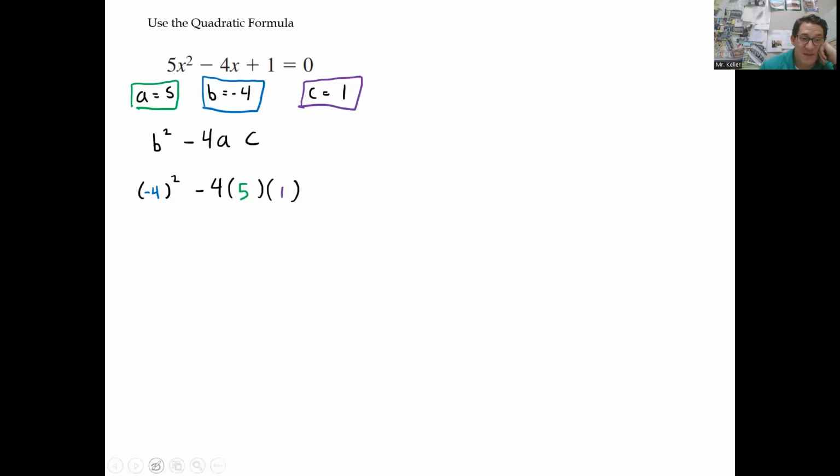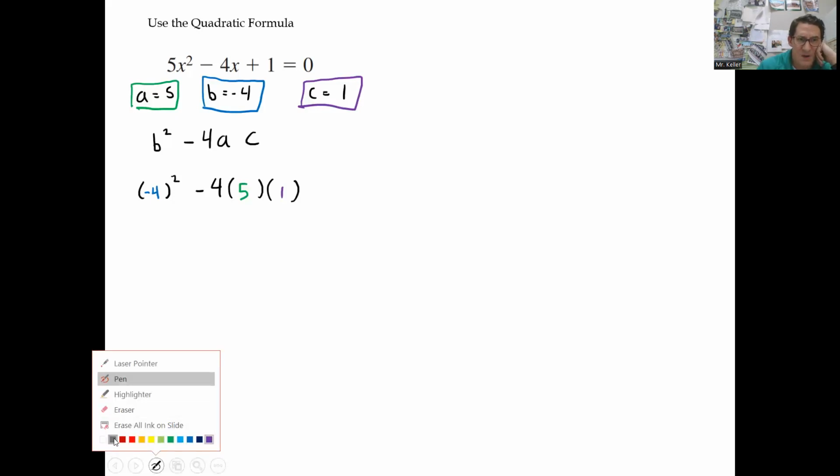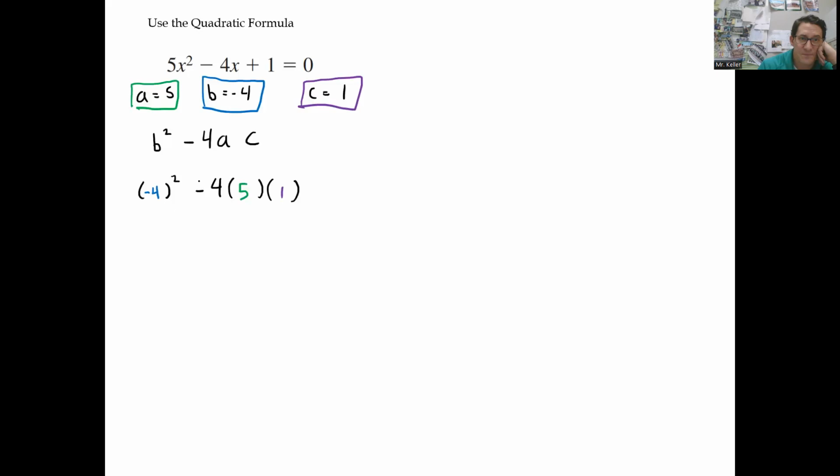So I'm going to simplify this. -4 squared is 16. 4 times 5 times 1 is 20. So it's 16 minus 20, which is -4. That should come up because we're doing complex solutions, but remember, since the discriminant is less than 0, there are no real solutions. So we just have the complex solutions.